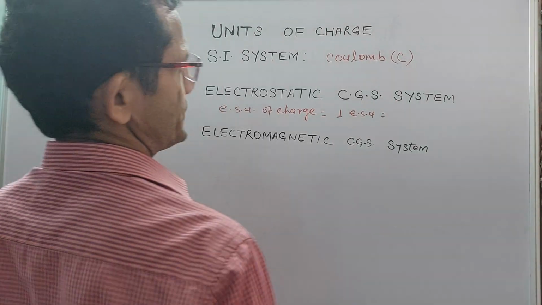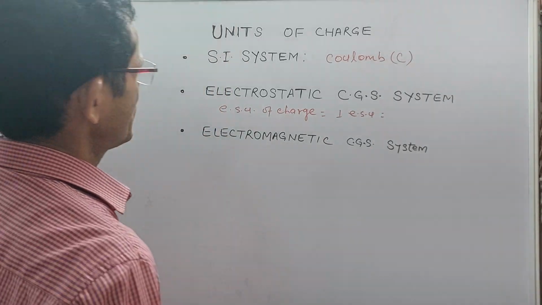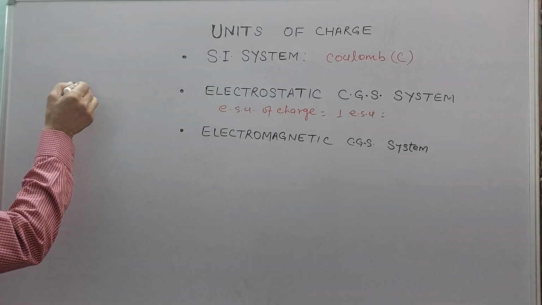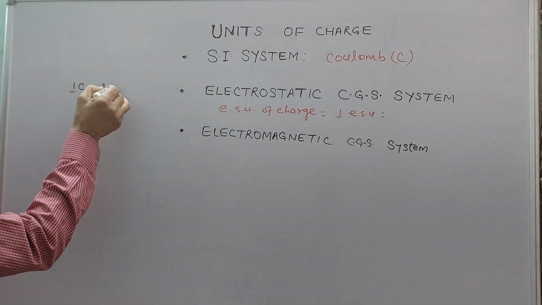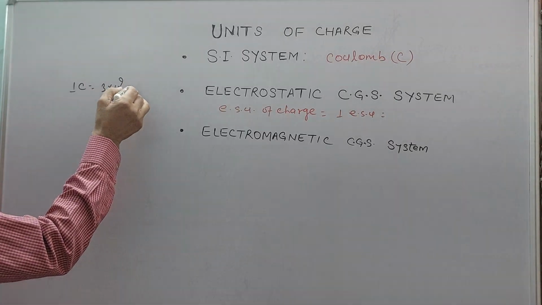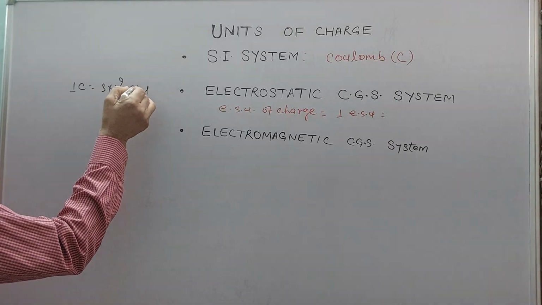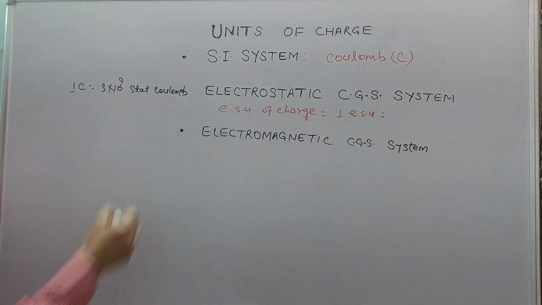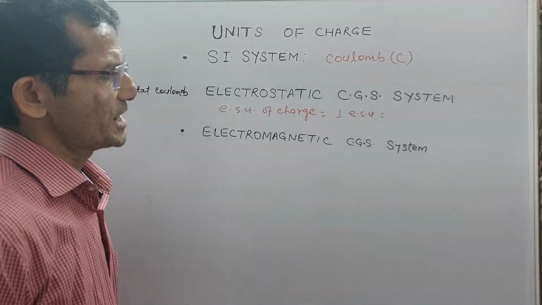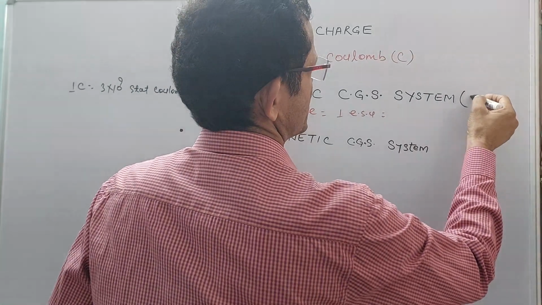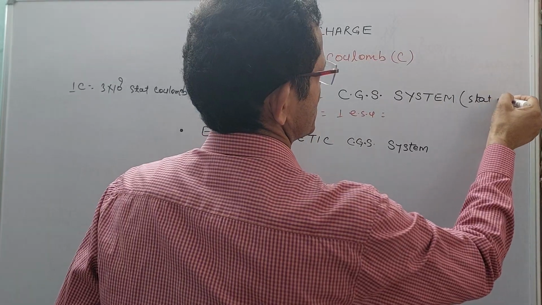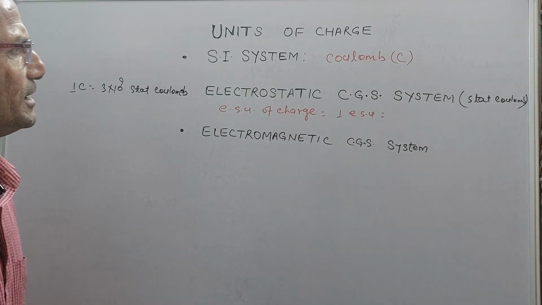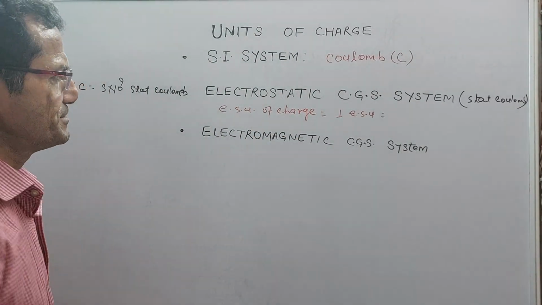So in the ESU system we have a smaller unit of charge, so we can write one coulomb is equal to 3 into 10 raised to the power 9 stat coulomb. It is called stat coulomb. Stat coulomb is the unit of the electrostatic CGS system.